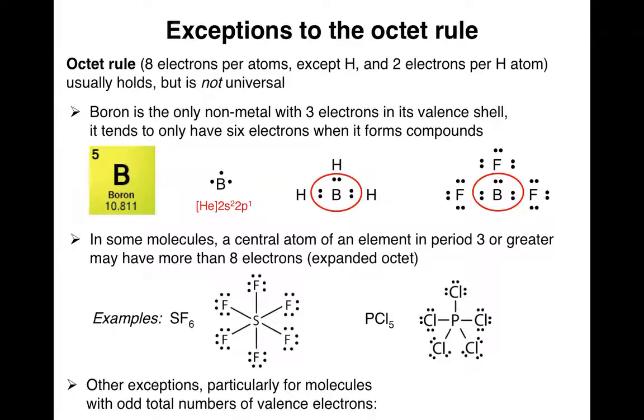Finally, there are some other exceptions, particularly for molecules with odd total numbers of valence electrons, like nitrogen monoxide. It has 11 valence electrons, 5 from the nitrogen and 6 from the oxygen. This compound exists in nature even though the nitrogen atom only has 7 electrons in it.